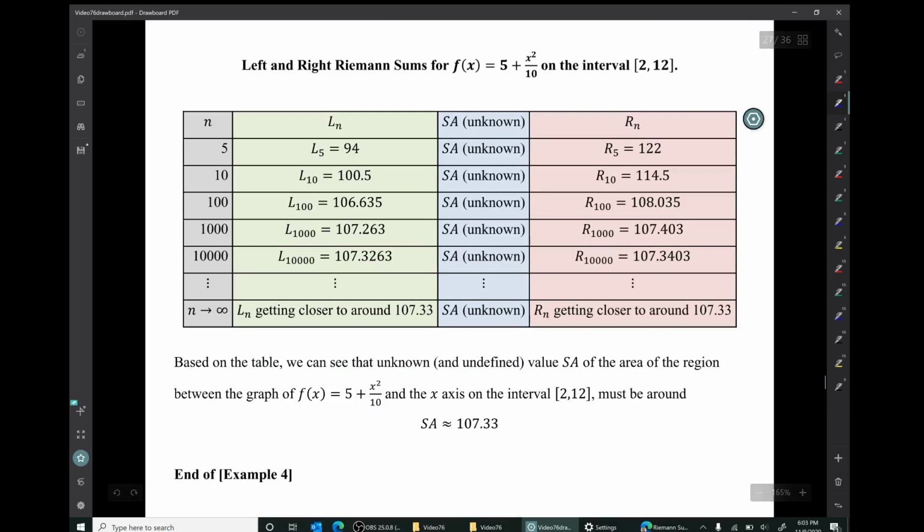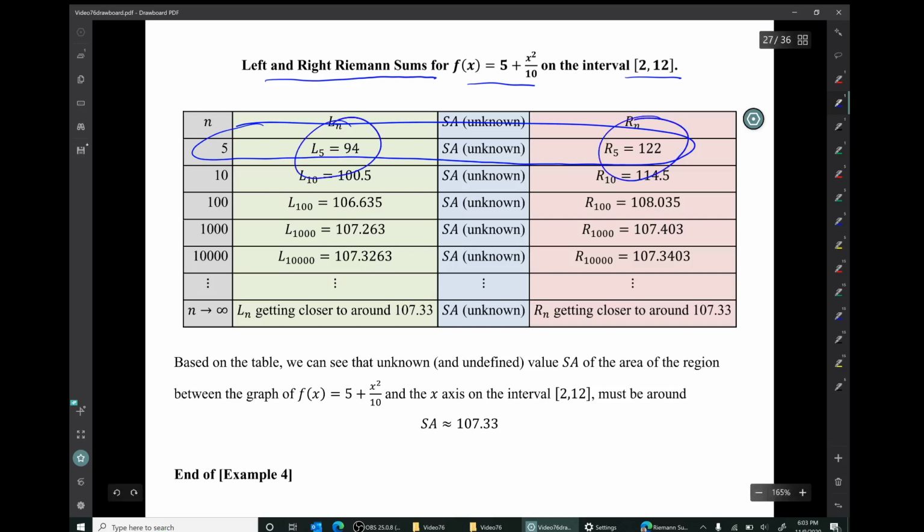So here's the table. Left and right Riemann sums for this function on this interval. In the first row of that table is the information that we got in our previous example where we did the sum by hand. We found the left sum was 94, the right sum was 122. That told us that the signed area, the unknown signed area, that blue region, was somewhere between 94 and 122.